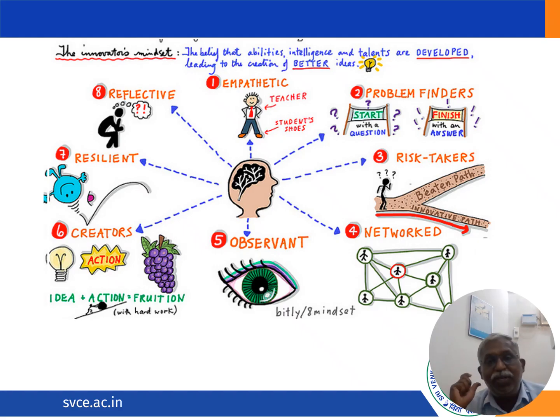Based on observation, in an empathetic way, we define the problem. Then the problem is taken into many idea techniques. By and large, we select a few important ways to reach the prototype.